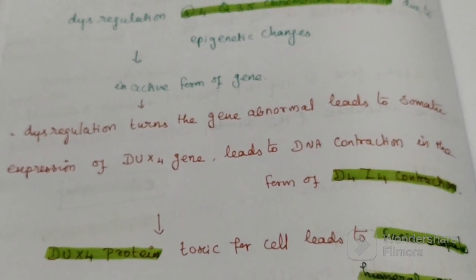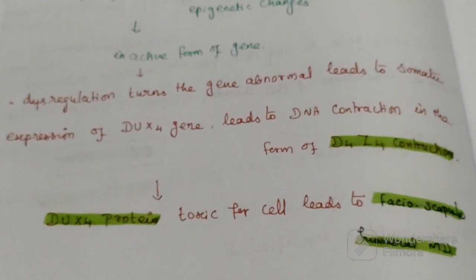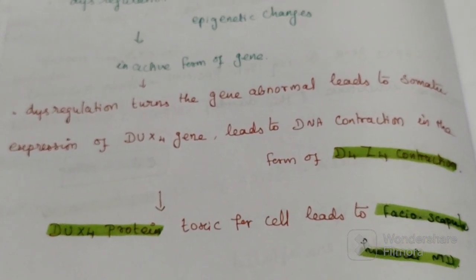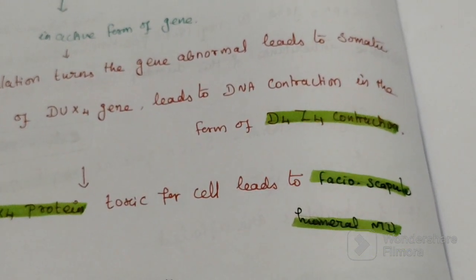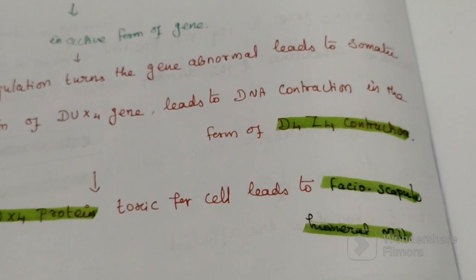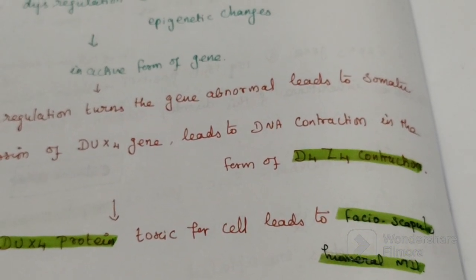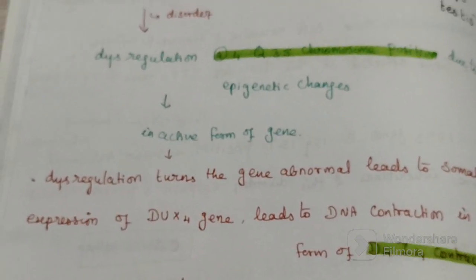Even the DUX4 protein is toxic for cells, which leads to FSHD, that means facioscapulohumeral muscular dystrophy. So these are the major muscular dystrophies explained.